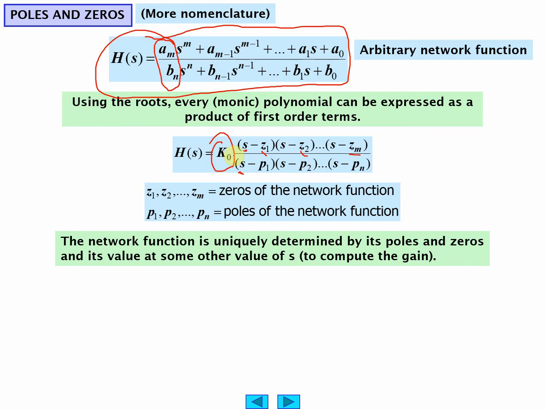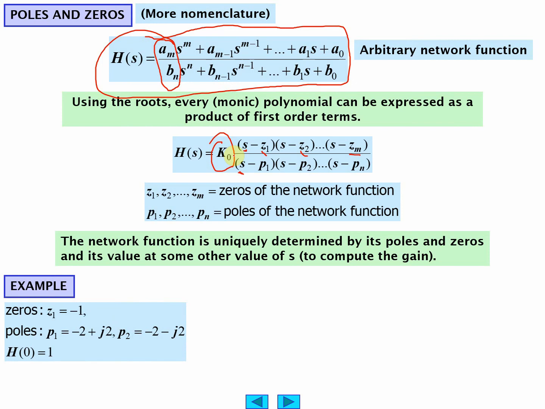We know how to compute the gain. If we know the poles and zeros, we can compute the gain. So here's an example, and you'll notice the poles in this case are complex, and we're told H at 0 equals 1.